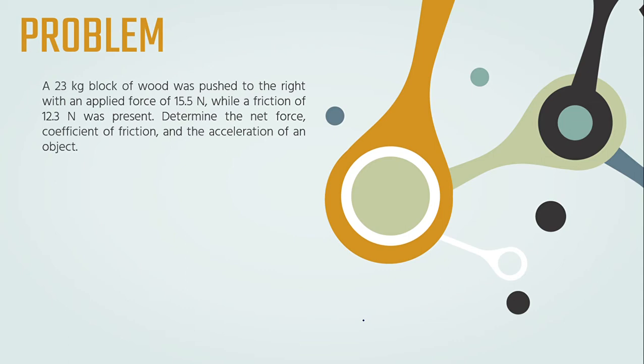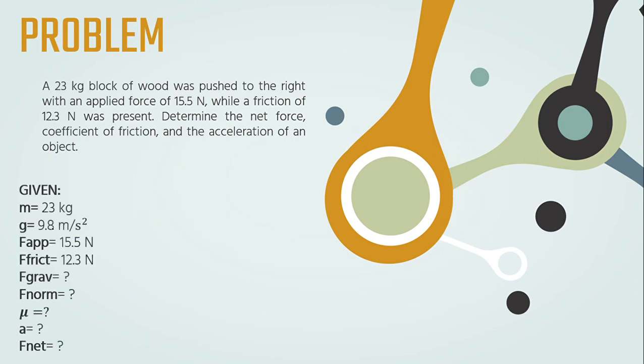So first, we need to identify the given values in this problem, in which M or mass will be 23 kilograms. Gravity is also present, in which its value will be 9.8 meter per second squared. F-app would have a value of 15.5 N, or Newton.